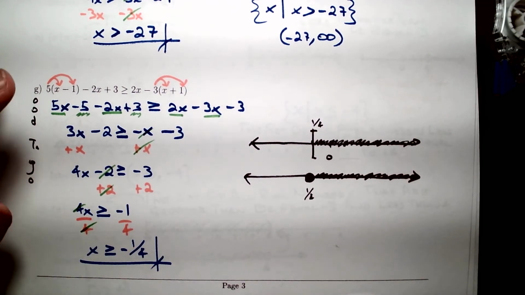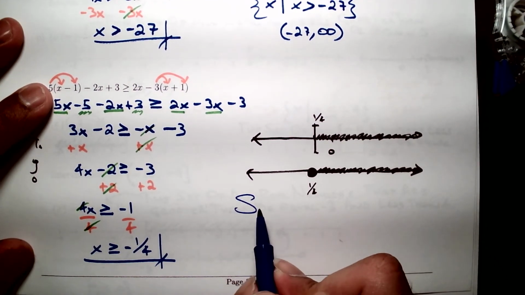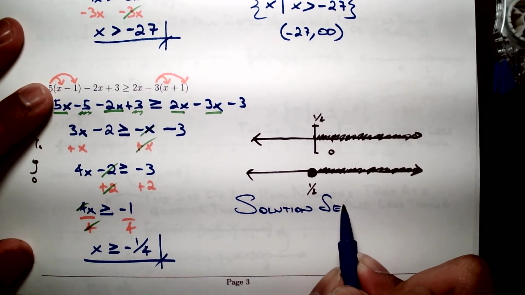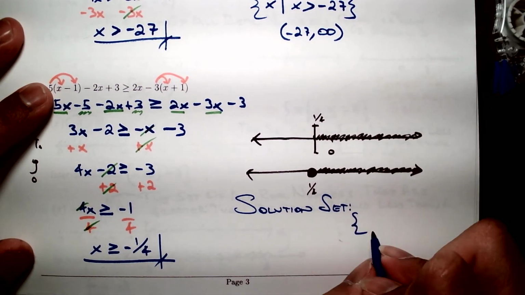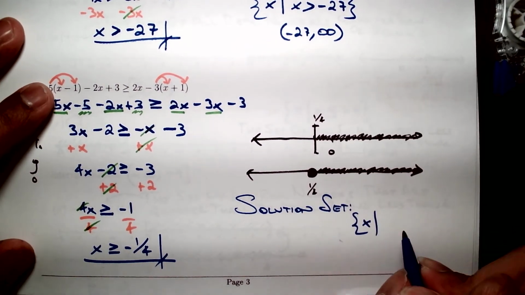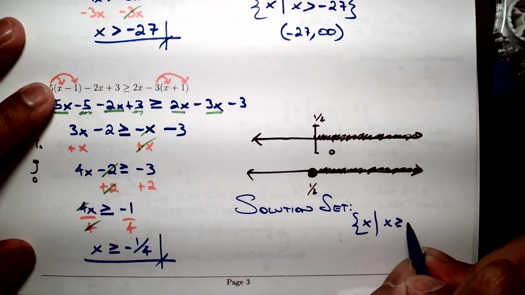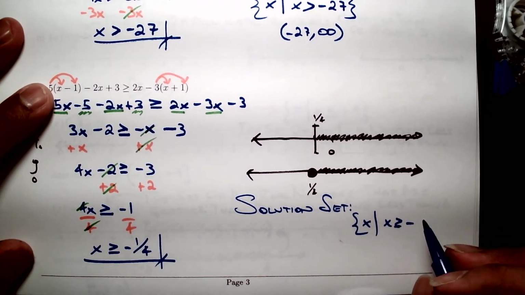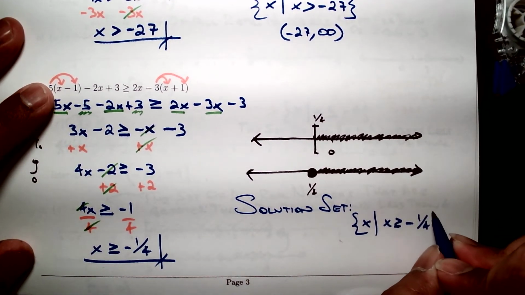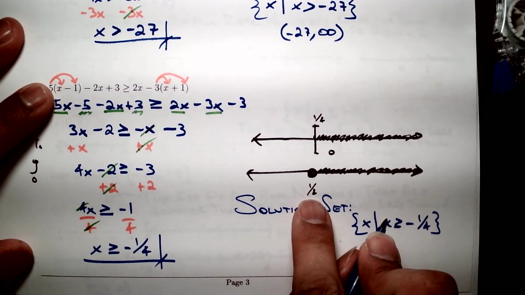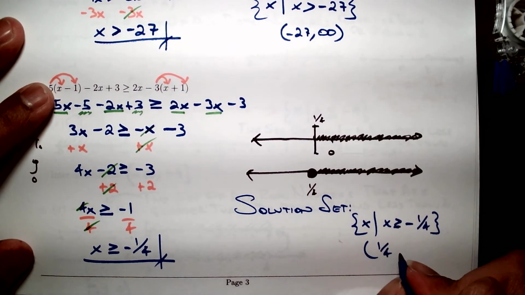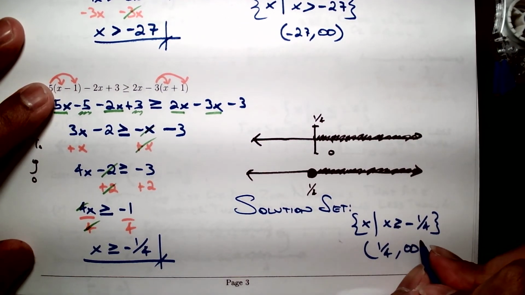Now let's write down the solution set. Using set notation or set builder notation, x such that x is greater than or equal to negative 1/4, and negative 1/4 all the way to infinity.